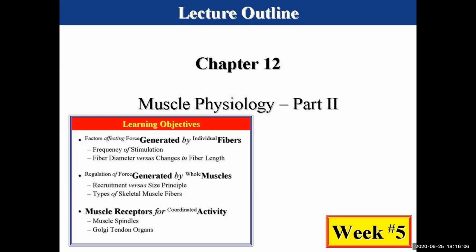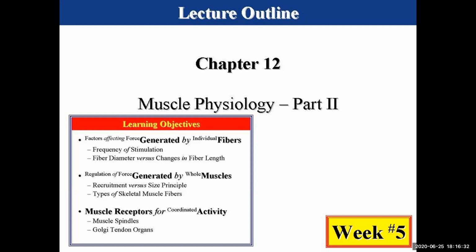tension, right? When they generate this tension, when they contract, we're going to see factors affecting the intensity of that tension. The force of the contraction being generated is affected by various factors, whether at the cellular level or at the organ level.